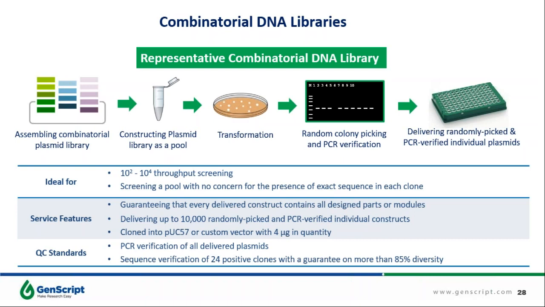Similar to the pooled library, we will randomly pick 24 clones to test the pool diversity and guarantee a minimum of 85% diversity. Again, the assembled insert can be cloned into either our default vector or your vector of choice.